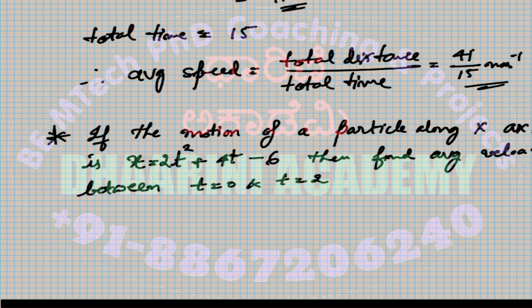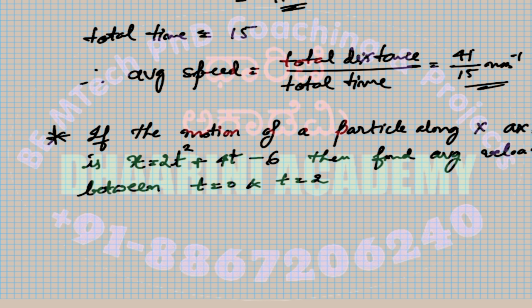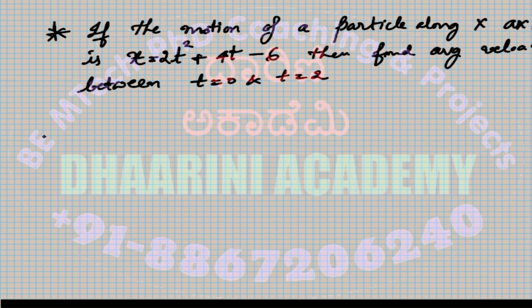Okay, so I just have to calculate the distance it covers between t equal to 0 to t equal to 2 divided by time interval, which is 2 seconds, right? So x at t equal to 0, that means x0 is equal to, I can put t is equal to 0, that is minus 6. So 2 into 0 plus 4 into 0 plus this. Okay, and I'll put t is equal to 2 now.